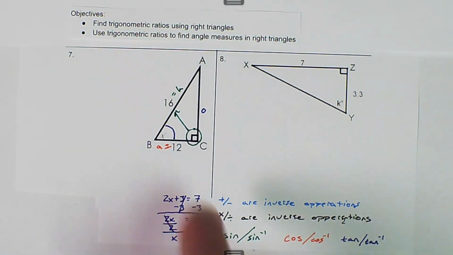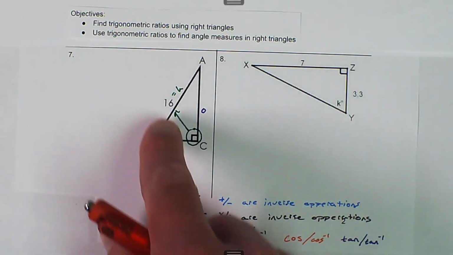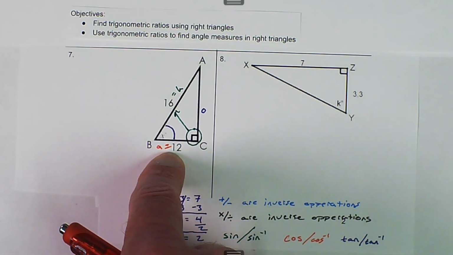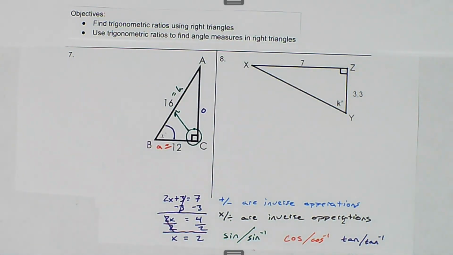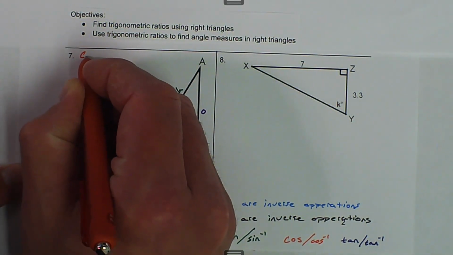The two that we're given are hypotenuse and adjacent. Opposite doesn't really help us because we don't know any values there. So we have to think about which one that is, and that's going to be CAH, or cosine.